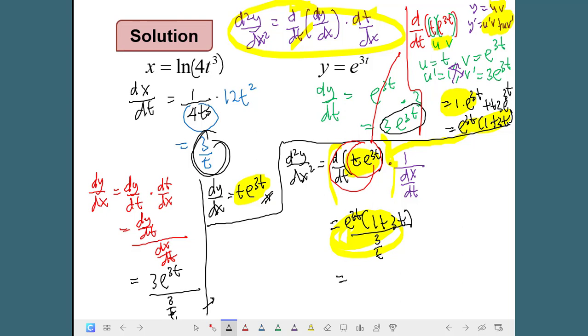Simplify, bring t up, so t e^(3t)(1 plus 3t) over 3. That is the answer for this: 1 over 3 t e^(3t) times (1 plus 3t). So done for this example.